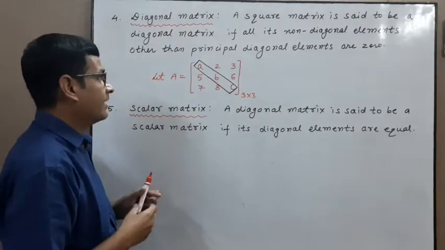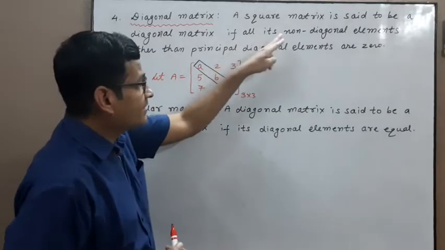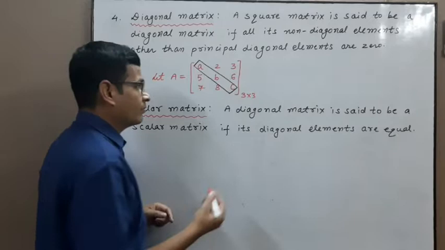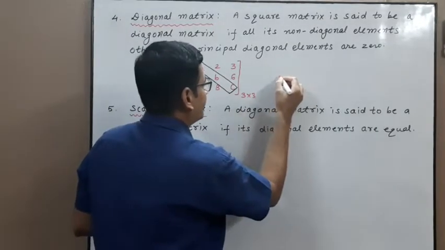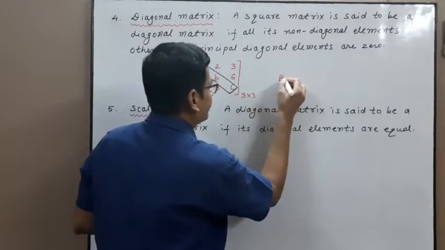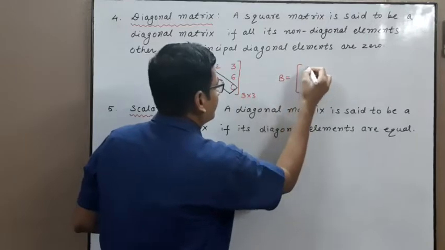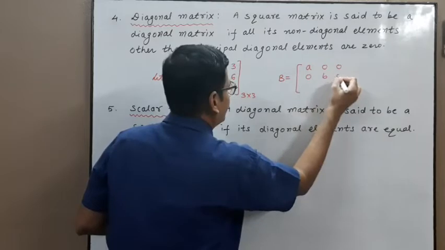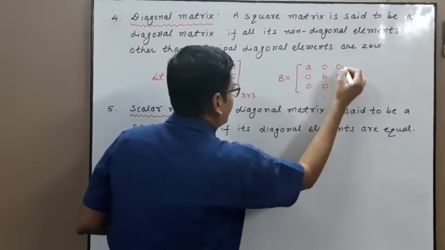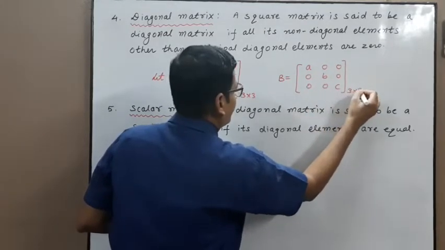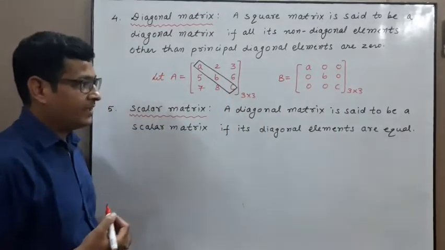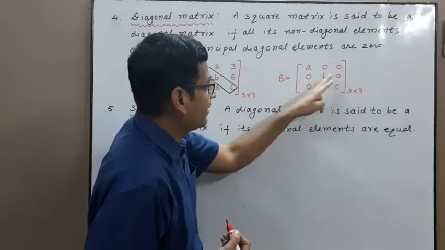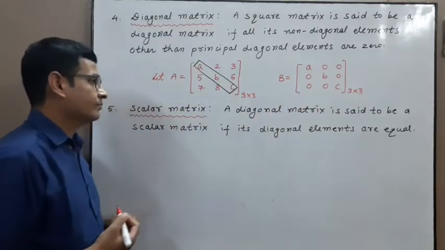So an example of a diagonal matrix: A 0 0, 0 B 0, 0 0 C. All its non-diagonal elements are 0.